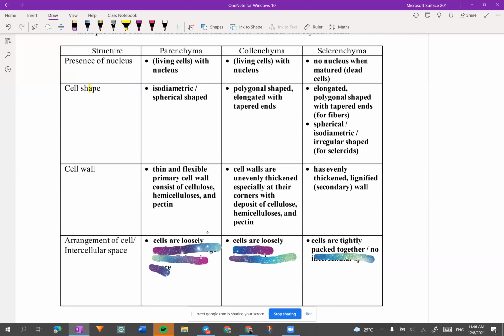So untuk parenchyma, have large intercellular airspace, while untuk collenchyma less intercellular space, and untuk sclerenchyma dia tak ada intercellular space. Is that alright? Yeah. Any question?